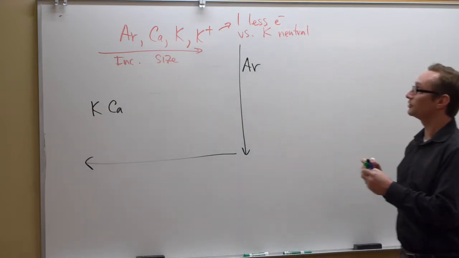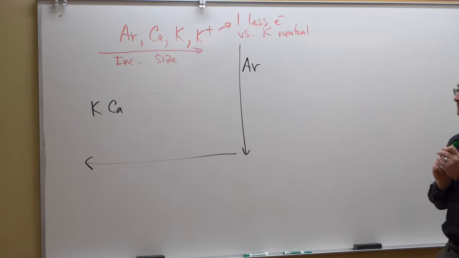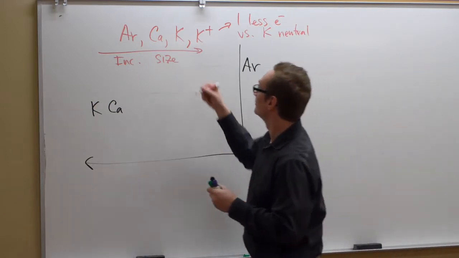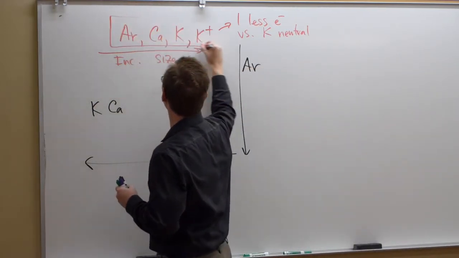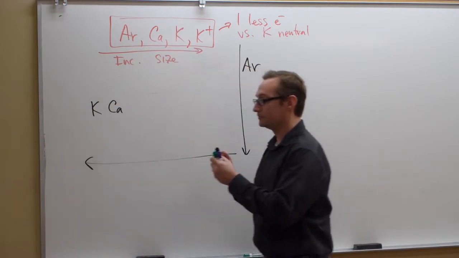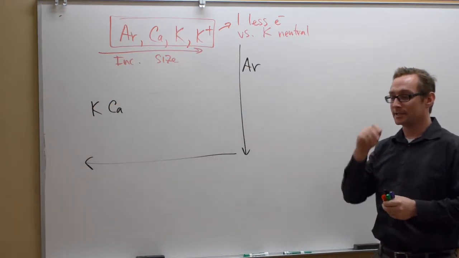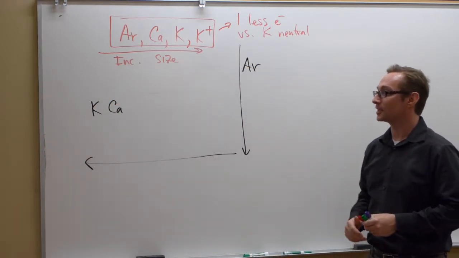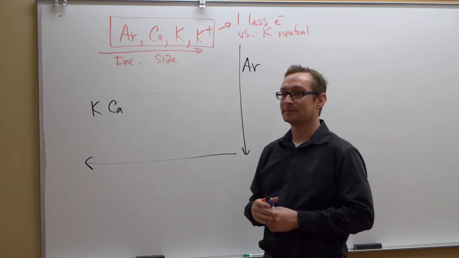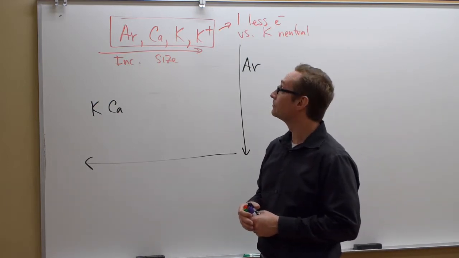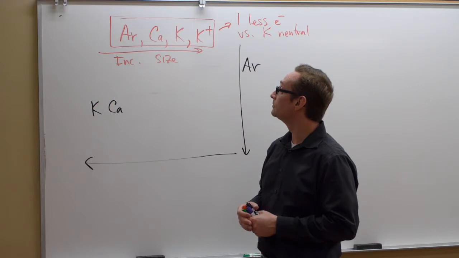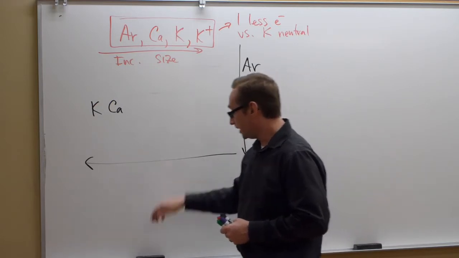All right, so one less electron relative to potassium nucleus. So it's a Coulomb's law thing and also quantum mechanical. Is it supposed to go before the potassium neutral? Is it smaller? Oh no, wait. Potassium bigger?